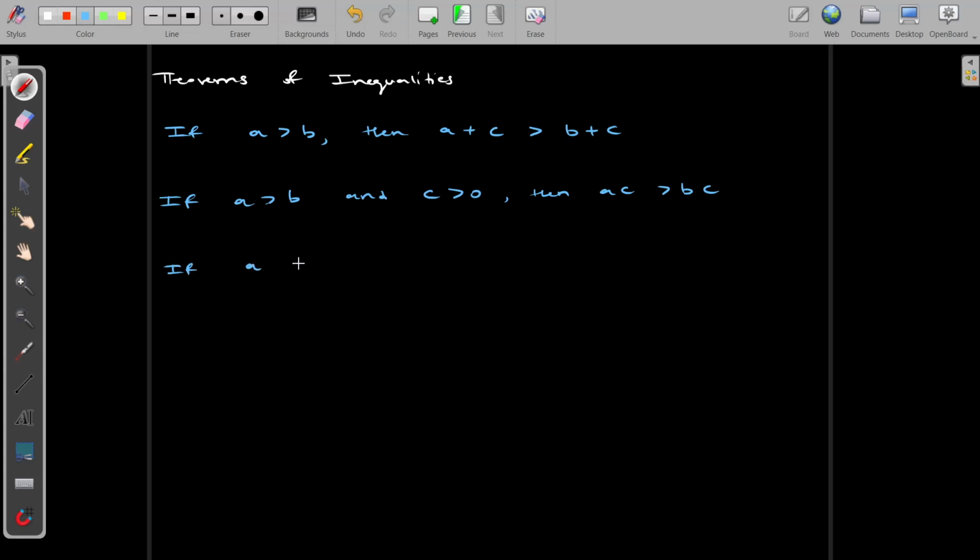If A is greater than B and C is less than 0, then AC is less than BC. And lastly, if A is greater than B, then 1 over A is less than 1 over B.